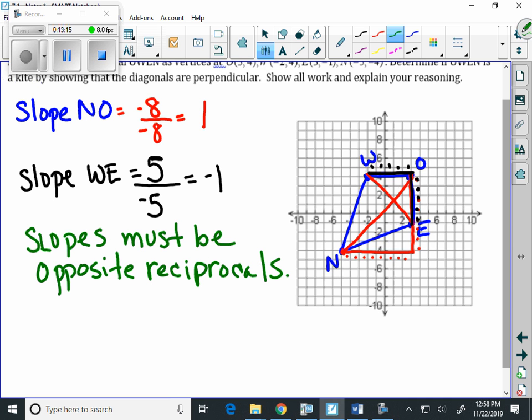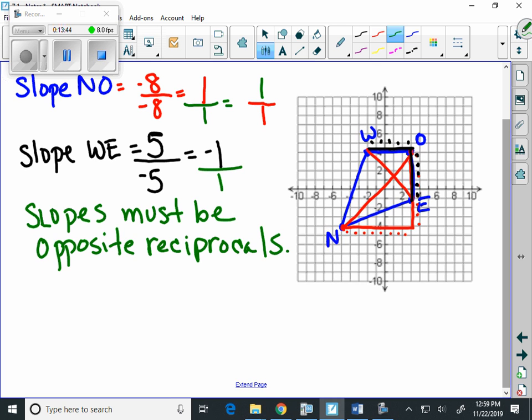If we compare, we have 1 over 1 and we have -1 over 1. We can flip one of these, that's the reciprocal part, and then we have to change the sign. So these two are opposite reciprocals.